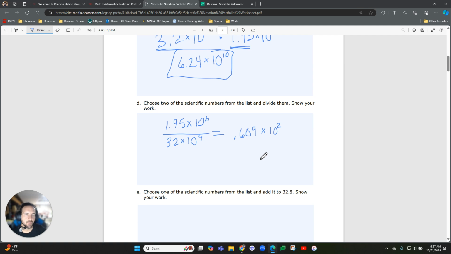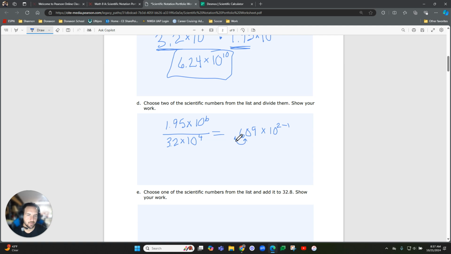Okay, and now, again, to convert this number to scientific notation, this number has to be between 1 and 10. So I need to move this decimal place over 1. I'm adding a power of 10 here, so instead of being 0.6, it's now 6. So I have to subtract a power of 10 here to keep it the same number. So if I add a power of 10 here, I subtract a power of 10 here, or vice versa.